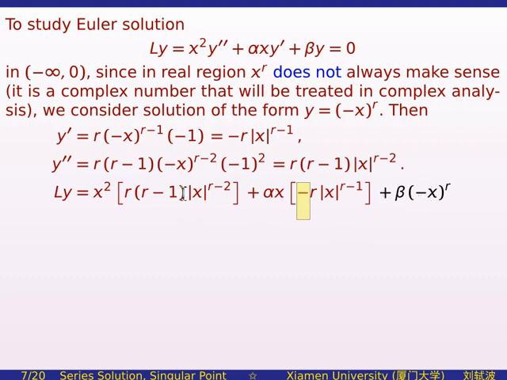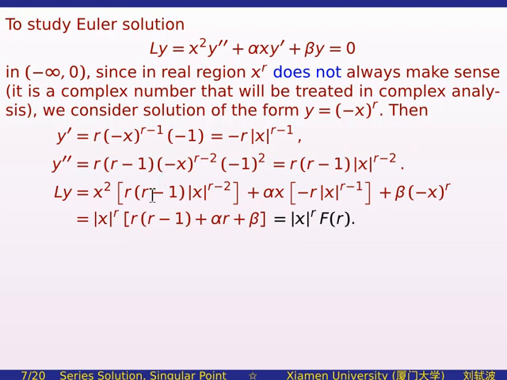So all these three terms have an absolute value of x to the power r, and we take the absolute value to the power r outside. The other quantity combined together is exactly our previous quadratic polynomial, capital F(r).